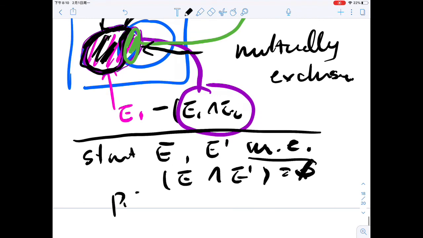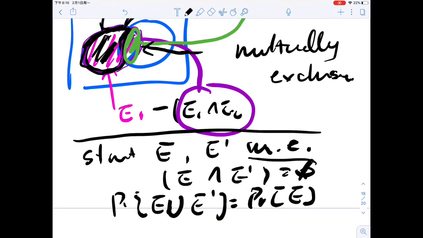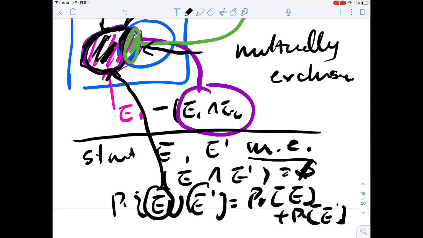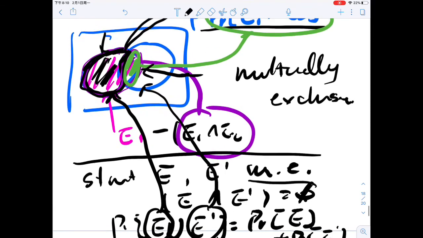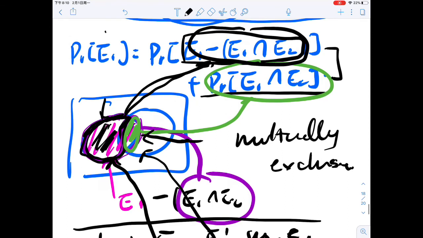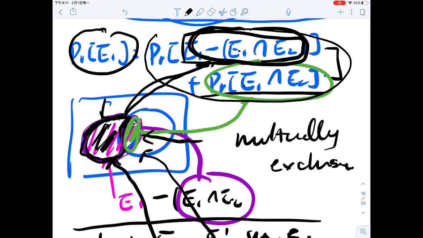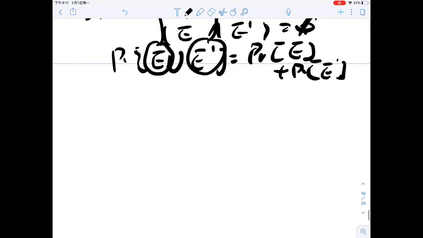So I use E to be this black one and E prime to be this green one. That's the reason these are two mutually exclusive events. If I express E1 into these two events, it's just the summation of these two. So this is the first part.